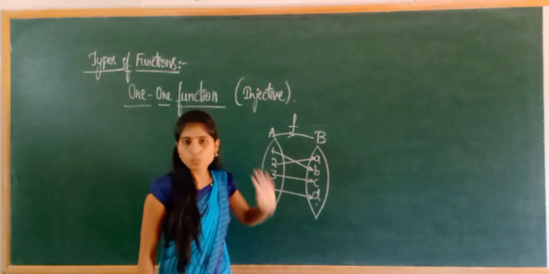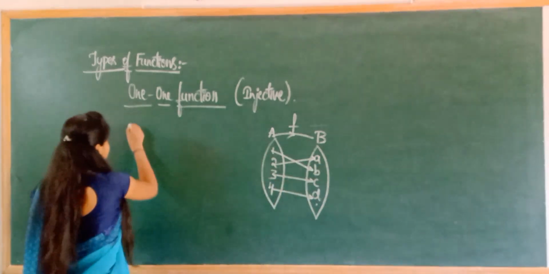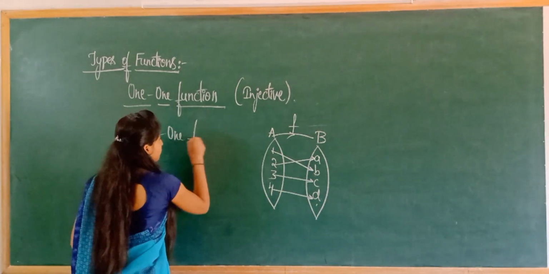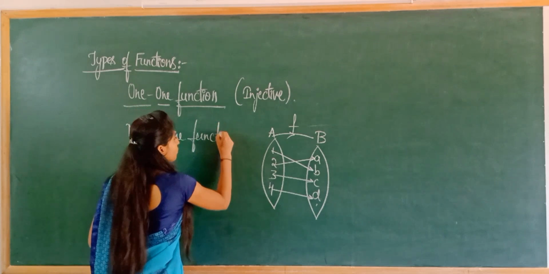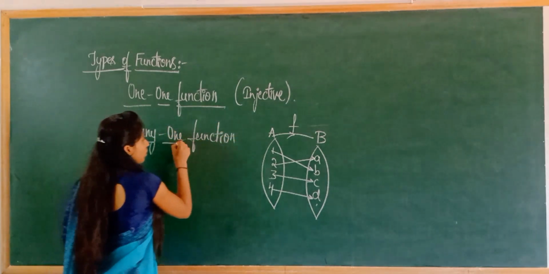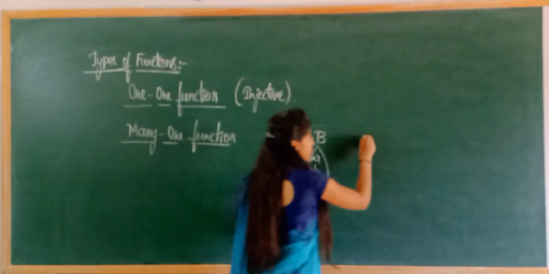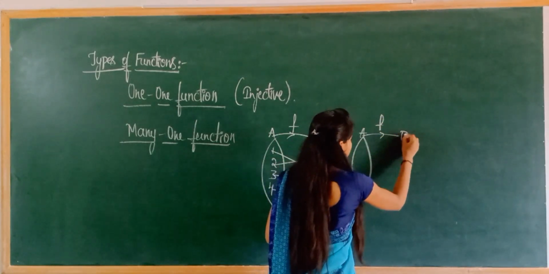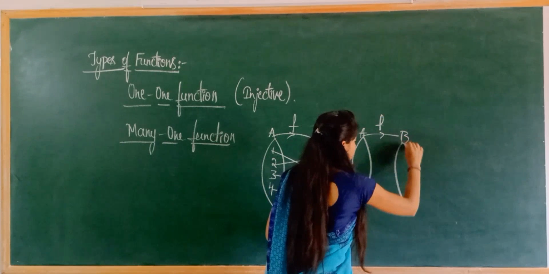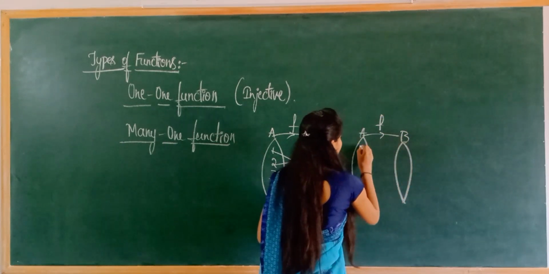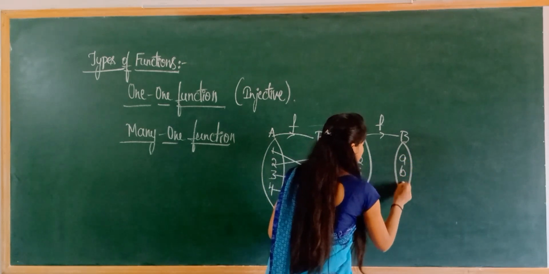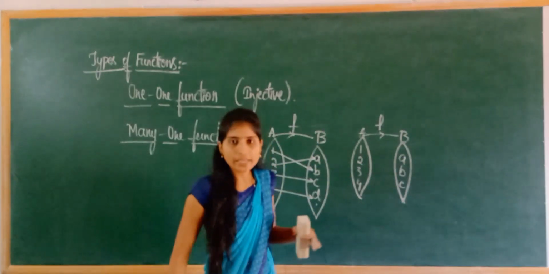This is one-one function. But in many-one function, you will see a function from A to B with more than one element having the same image.